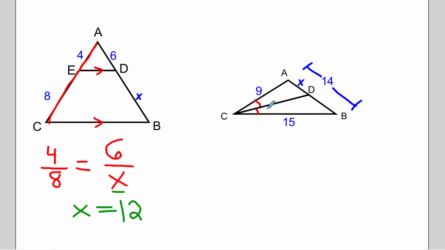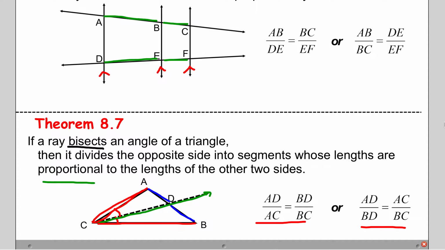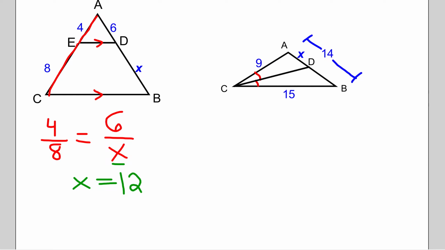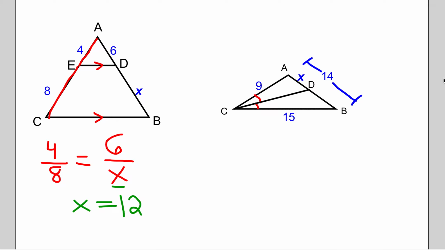Now if you look at this, once again, looks like we have a ray that is bisecting an angle, so we need to go back here and look at theorem 8.7. And remember what theorem 8.7 says is that this ray, because it bisects this angle, divides the opposite side into proportional segments. So there are actually a couple of proportions that we could set up here, and I'm actually going to set up both of them just to show you.